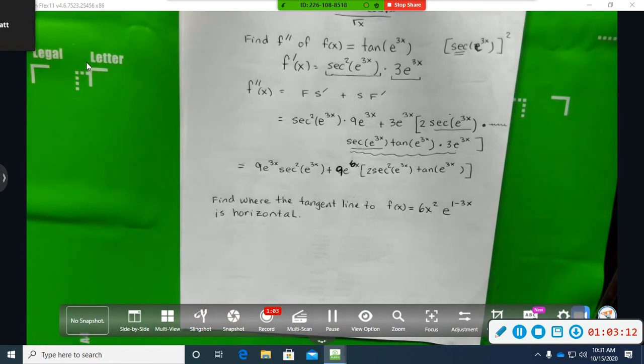So what you've got to do? And not only find the derivative, find where the derivative is equal to 0. Find where the derivative is equal to 0.